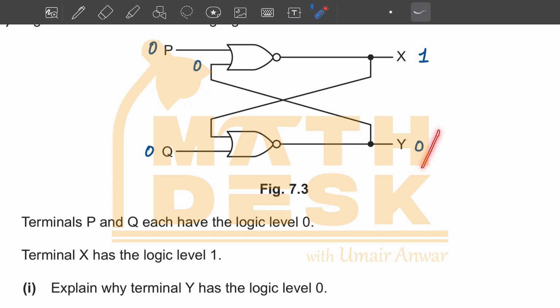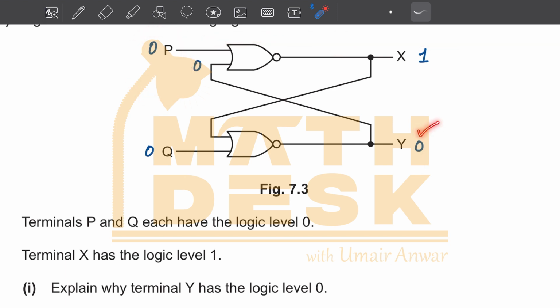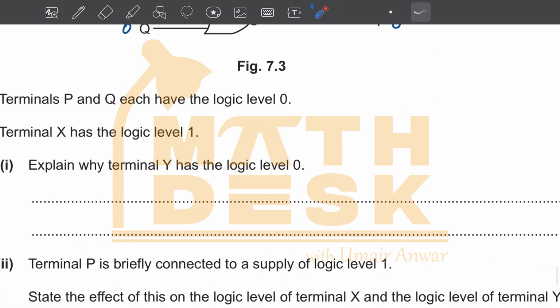And if it is not 0, for example it is at 1, then this would also be 1, and 0 and 1 would give us the output as 0. So it cannot be 1 unless the Y is at 0. So both the inputs for the upper NOR gate become 0 and the output becomes 1.